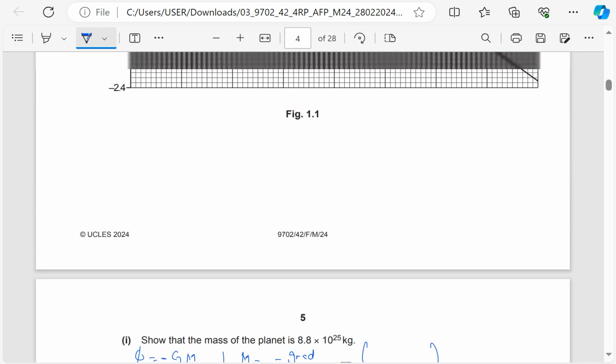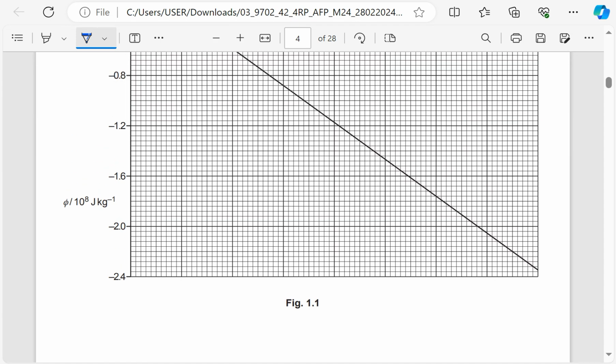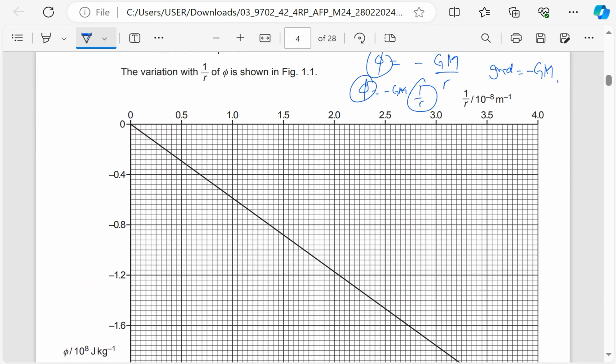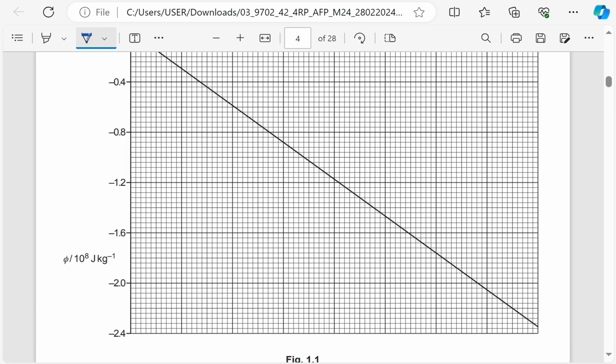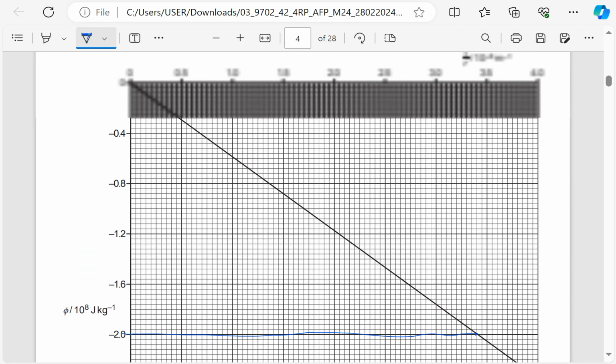So I'm going to choose points from the graph for the gradient. I'll choose this for 0. Now I'm looking for another favorable point. Let me take this point here. That is negative 2.0, that is for potential.